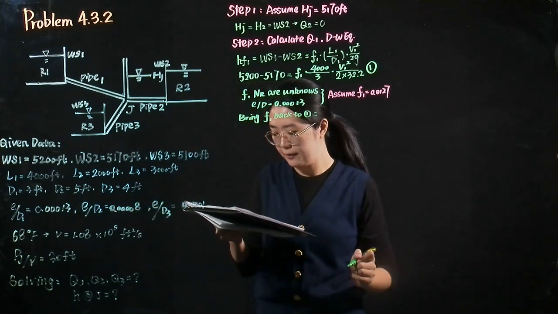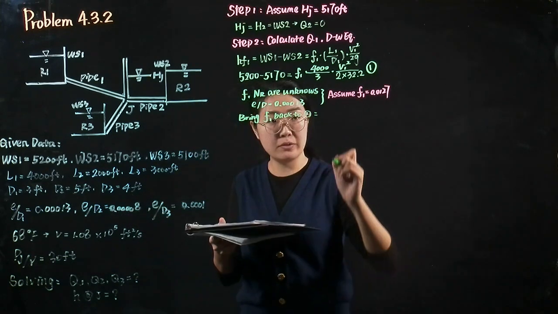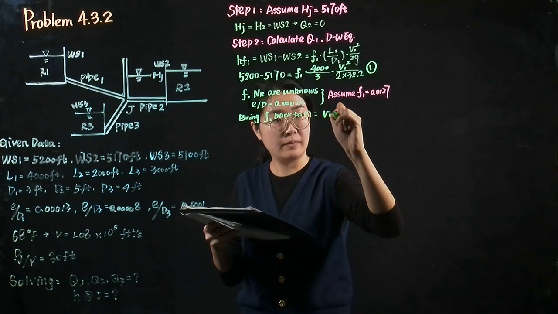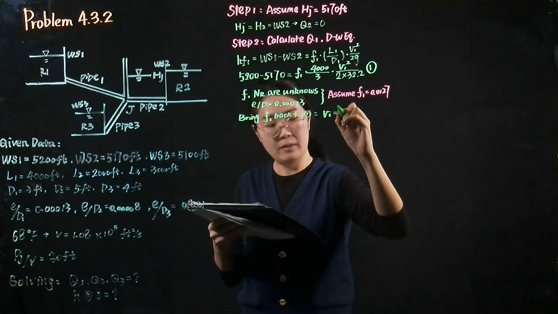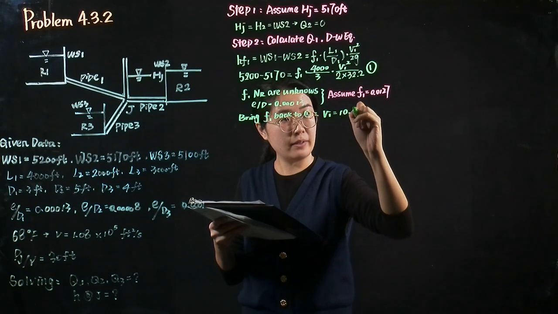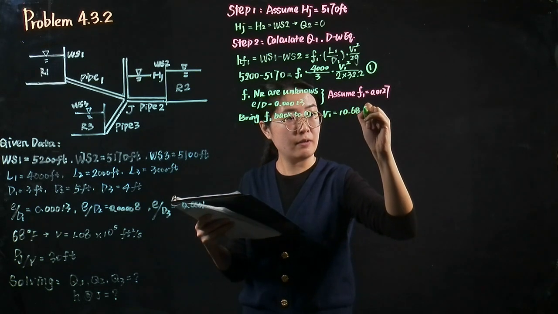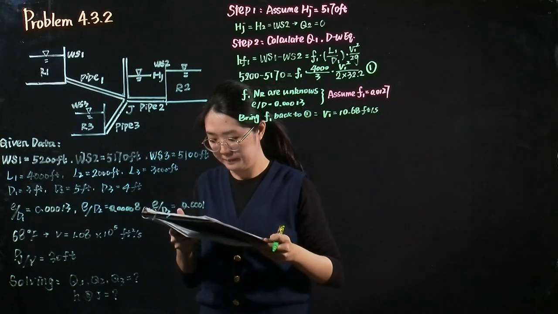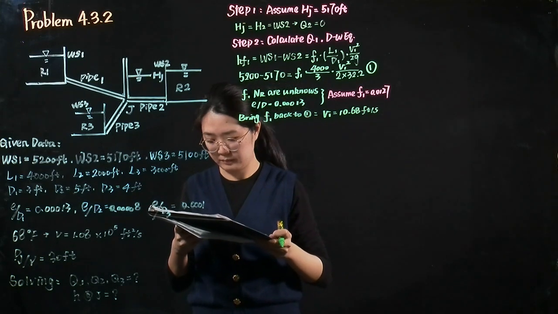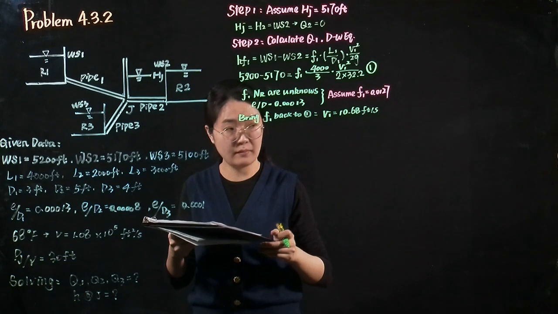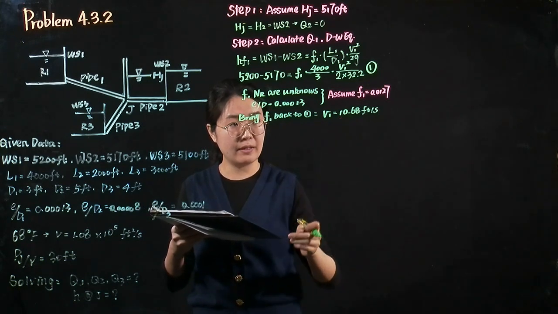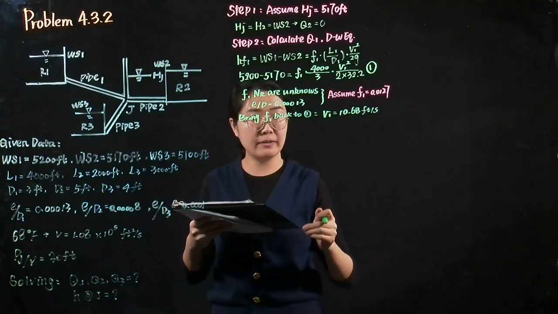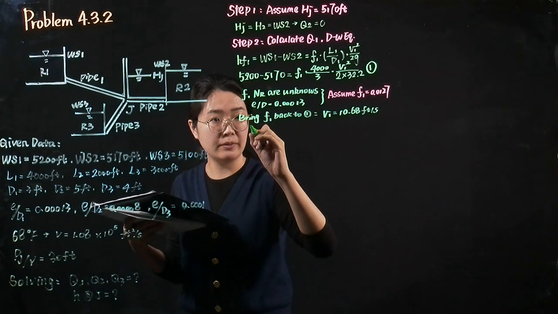We can get the velocity, it equals 10.68 feet per second. After we get the velocity, we can calculate the Reynolds number.